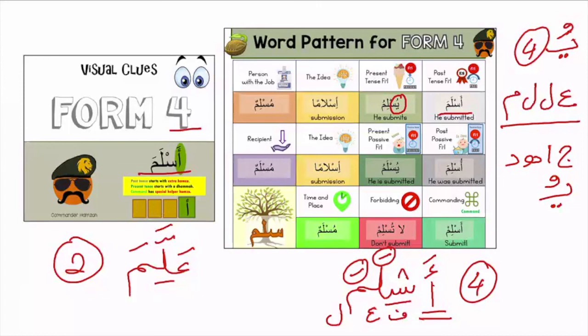So it will become yuslimu. And if you remember, in all the families that we have learned so far, the middle root letter is getting kasra. Allama, yu'allimu.